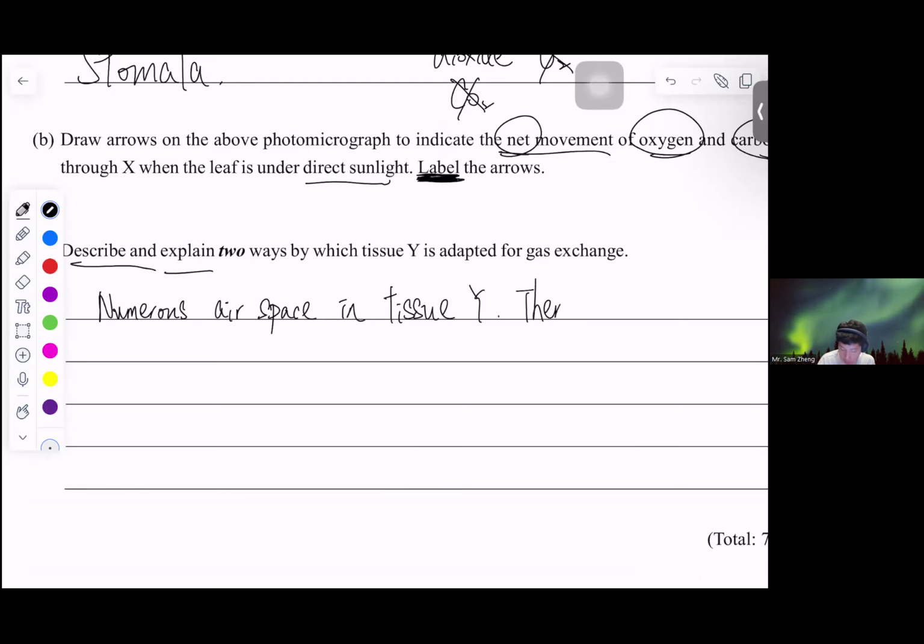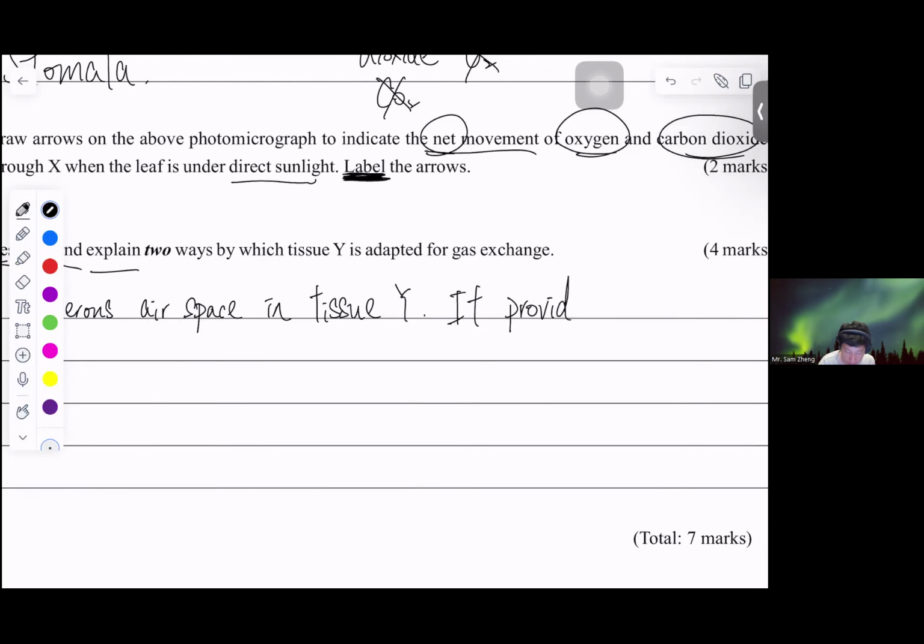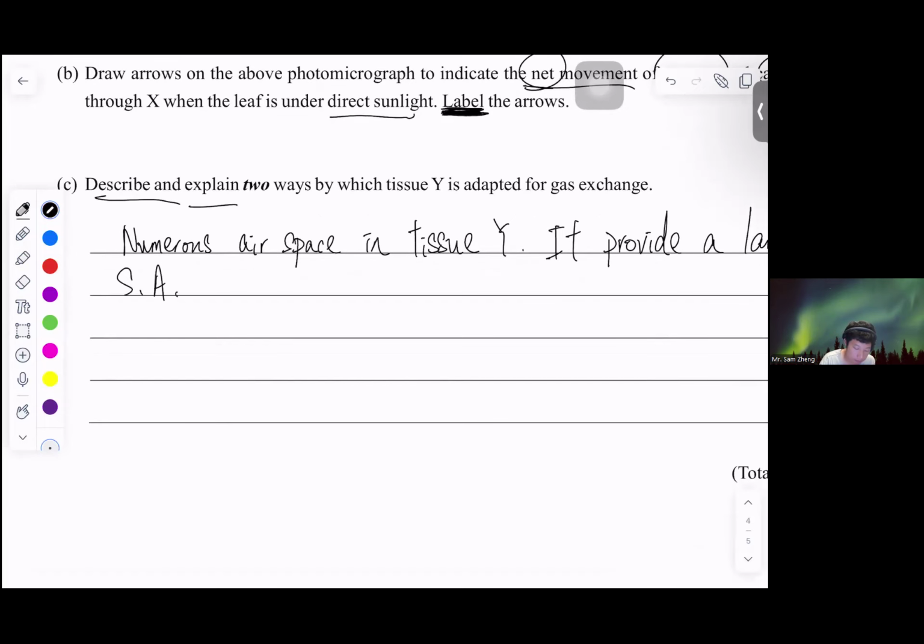Then you mentioned that it provides a large surface area for diffusion of gas.